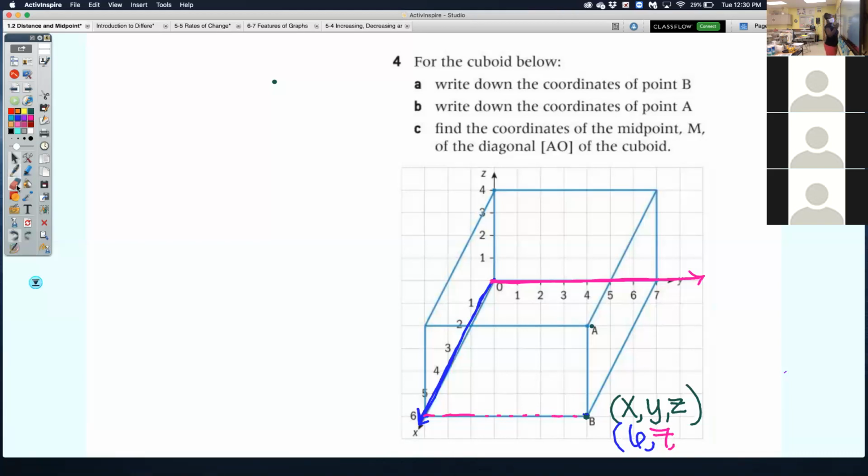But there's my Y. Y runs horizontally this time. So as we can see, we're at that 7 spot, and that's what B's coordinate is. Z runs straight up. For point B, it would be 0.